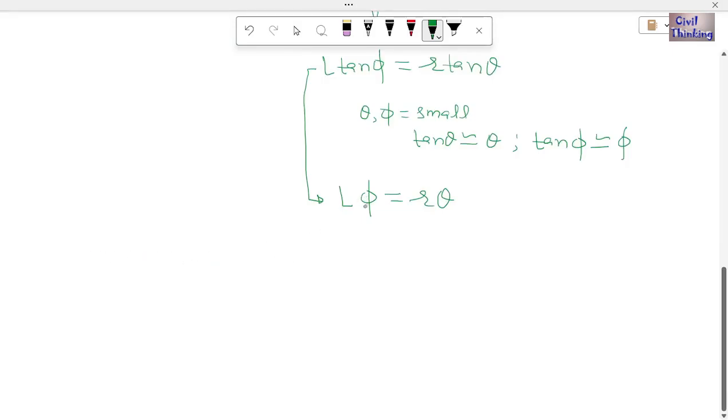From here we can find the angle phi because we will need it. L phi is r theta, which means phi is r theta divided by L. So now we basically got a relation between this phi and this theta.